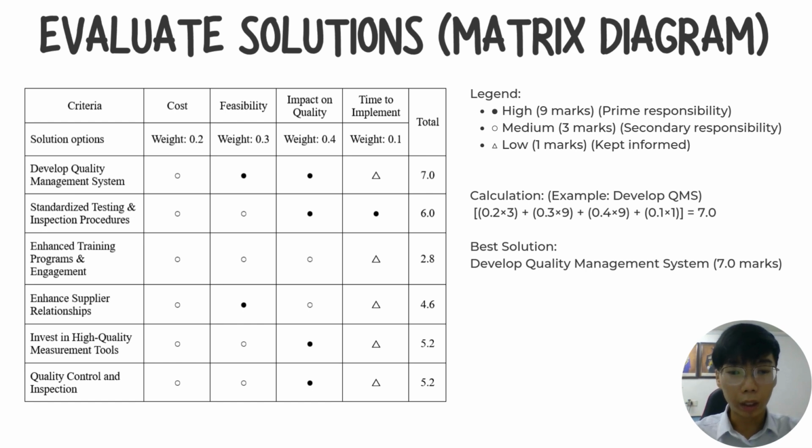We put the symbol after we consider the criteria on all solutions. Lastly, we calculate the total marks by totaling up all the multiplied values and determine the best solution. In this case, the best solution is develop quality management system.